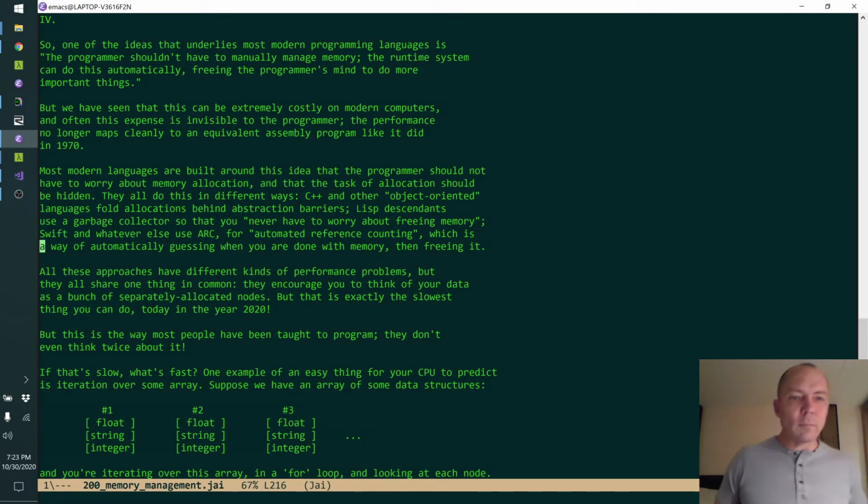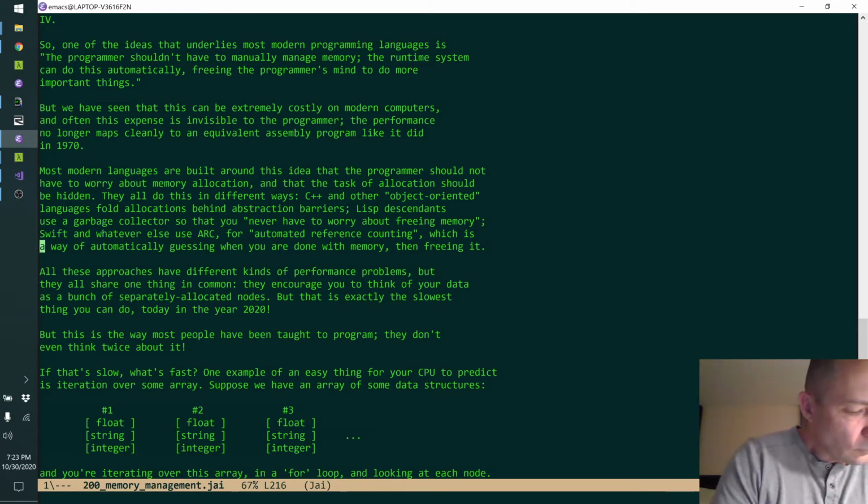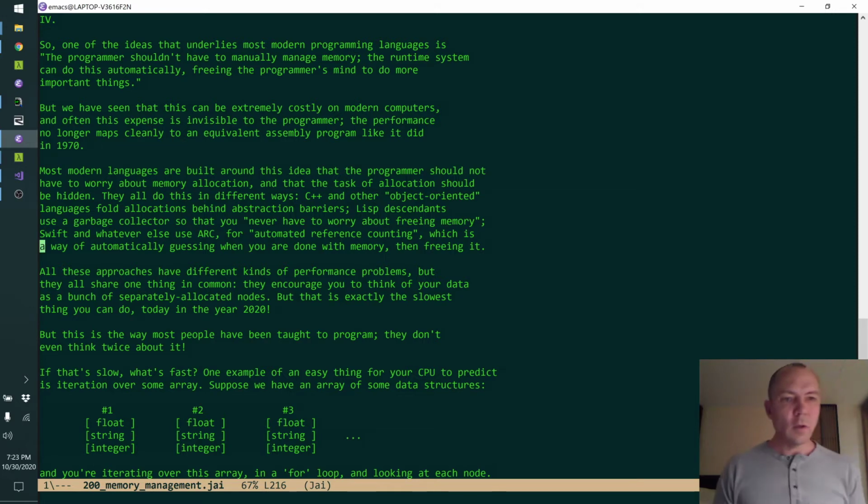Something like that, right? Okay, most modern languages are built around this idea that the programmer should not have to worry about memory allocation, and that the task of allocation should be hidden.